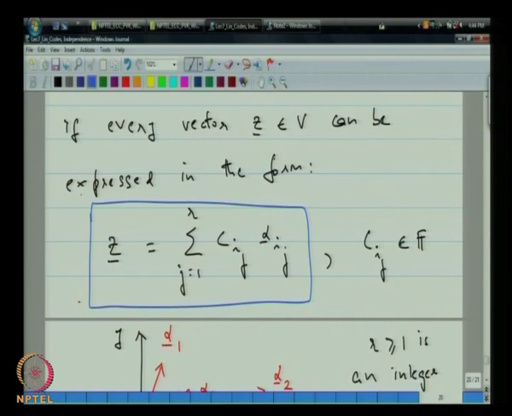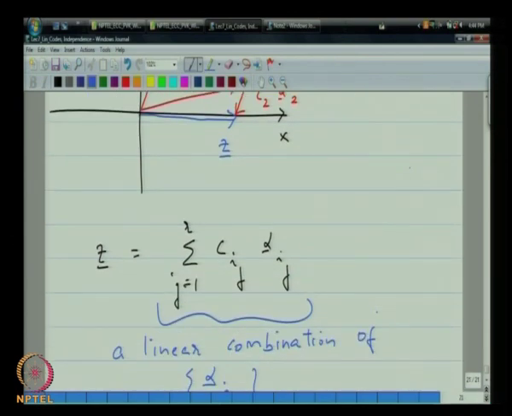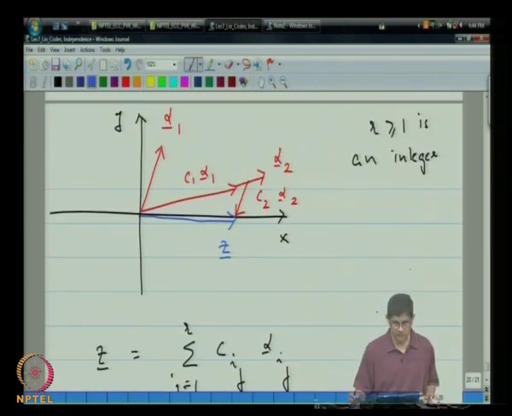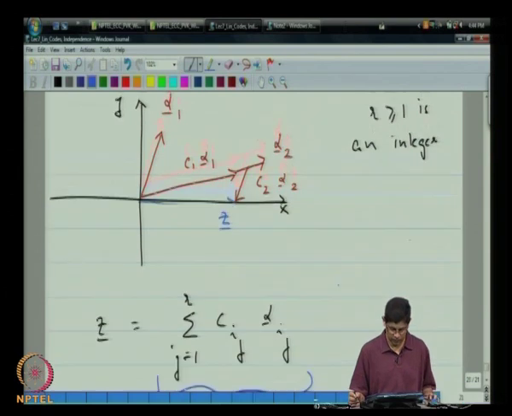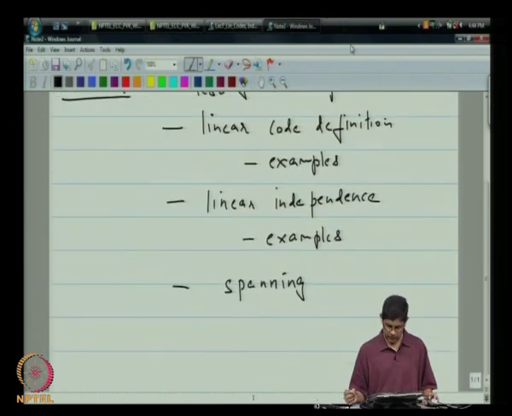Whenever you take a linear combination, it will only involve a finite number of objects, however the set from which they are drawn can be infinite. That is a subtle distinction. Here is a picture which tells you what the notion of spanning is about, and this is the terminology explaining what we mean by linear combination. We will pick up the discussion from here, and I will switch to my notebook for this lecture.